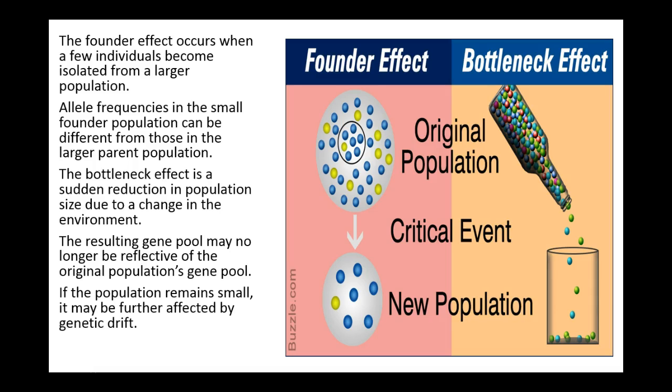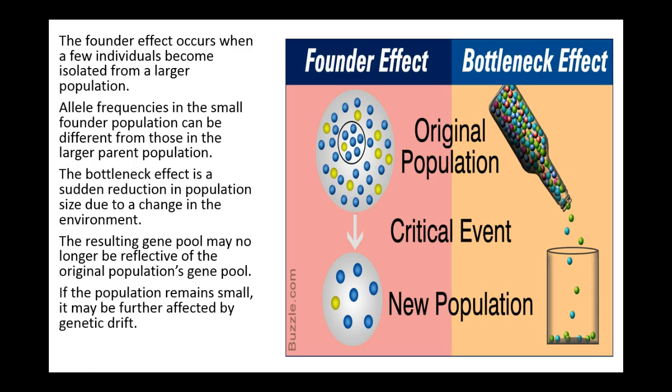But we do find, like I said, with regard to the Galapagos, that was definitely the founder effect, where just certain species made it to the Galapagos Islands. And we see these, particularly the founder effect, on island populations quite a bit.